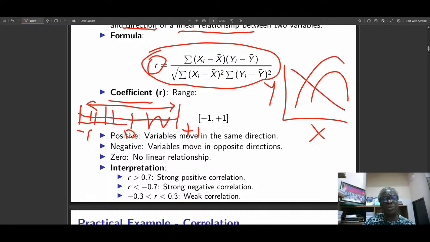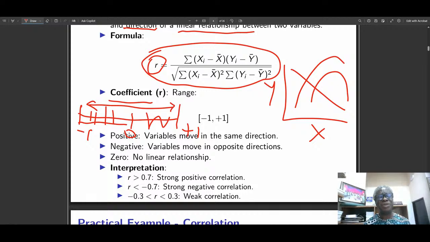And so the values can be very close to 0. It's very rare in practice that the value will be exactly -1, but it could be very close to -1. So if it's close to -1, then we say the strength is very strong. When it is close to 1, we say it is very strong.